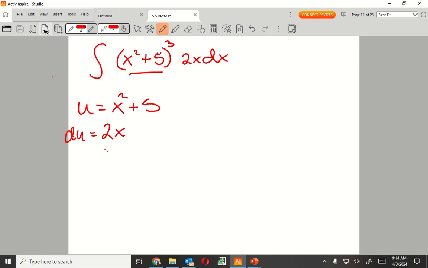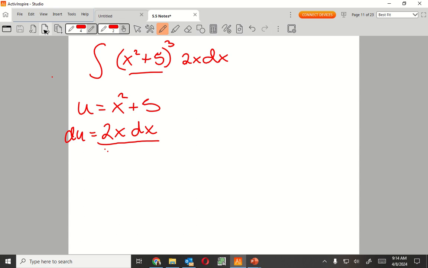This is kind of like that implicit differentiation. Remember when we took the derivative of a y? What did I need to add if it was the derivative of something else? Yeah, dy dx, right? So in this case, this is going to be a du dx, because I'm taking the derivative of u and the derivative of x. So that's where that comes from. Okay?